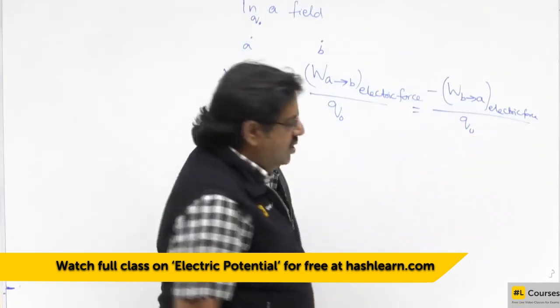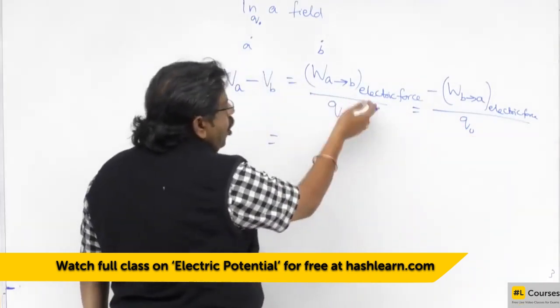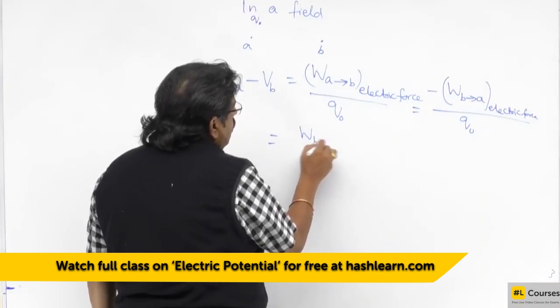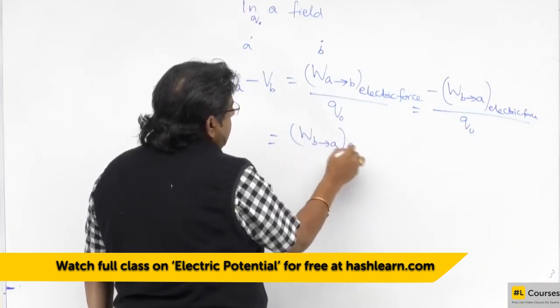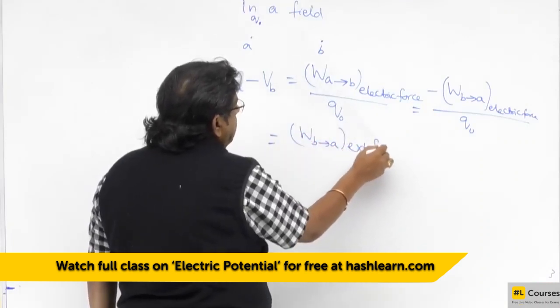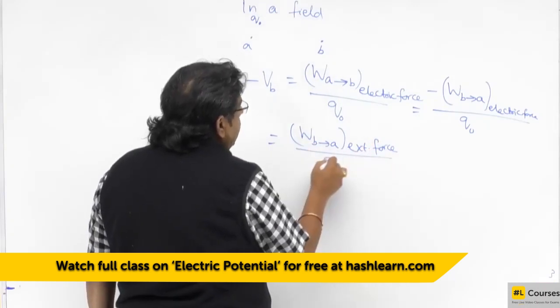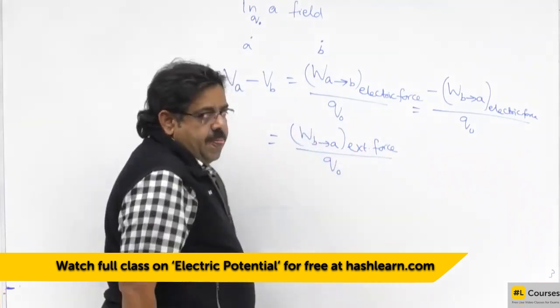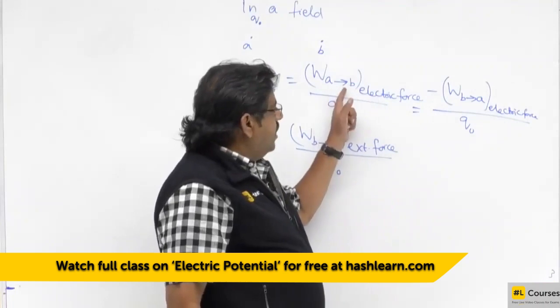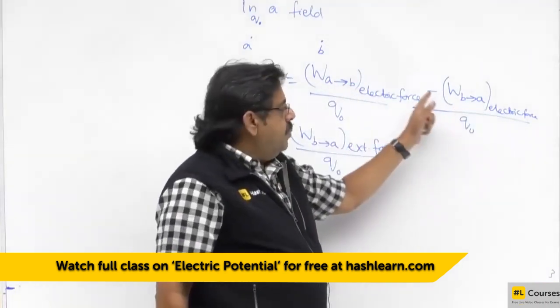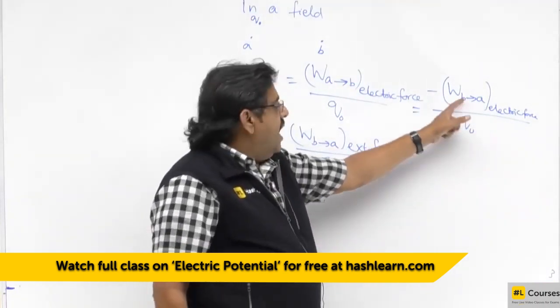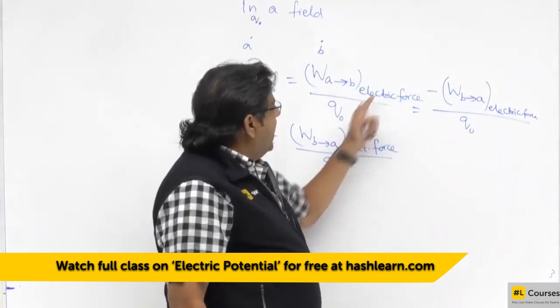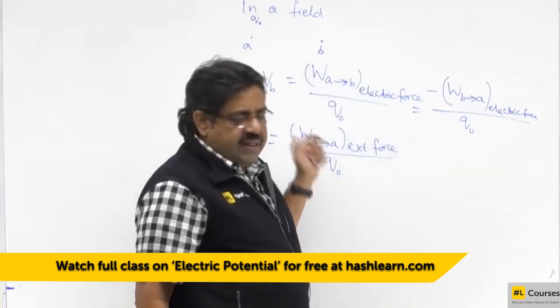This is also equal to this: I change both of them now, W B to A, external force, by Q naught. If I change one of them, suppose A to B, I have changed to B to A, so I put minus here, electric force. If I change both of them, B to A and external force, no need to put minus here.